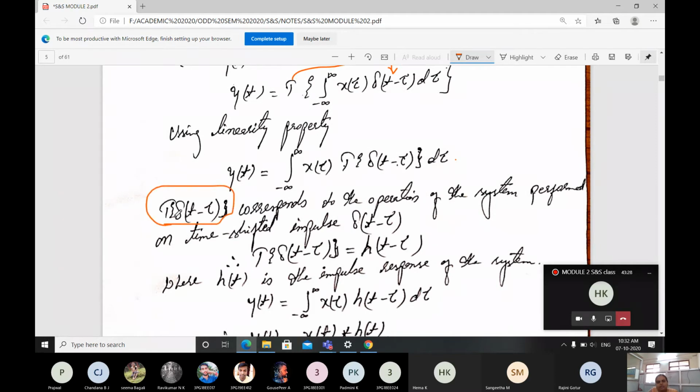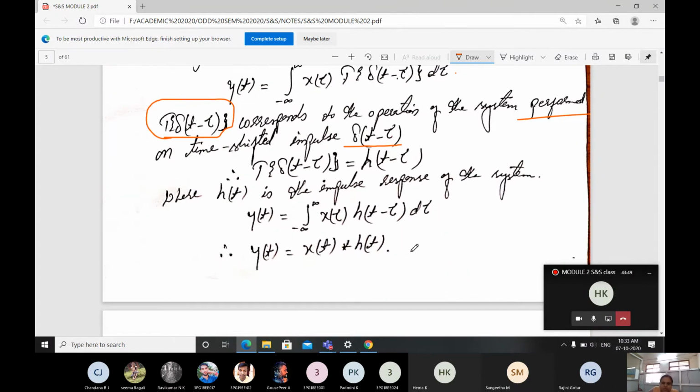T of delta of t minus tau is the operation of the system performed on the time shifted impulse, so I can write it as h of t minus tau, where h of t is the impulse response of the system.